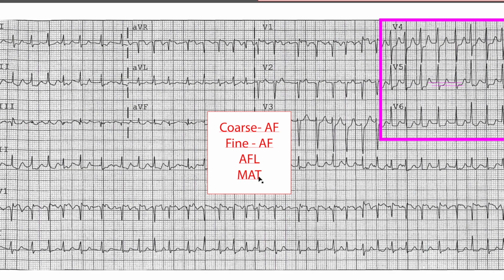Now, multifocal atrial tachycardia, even though V1 seems to support that, just the morphology of it, I am not inclined to call this multifocal atrial tachycardia for one and only one reason, which is not a great thing to do, but multifocal atrial tachycardia tends to be a little bit slower. This is 186, let's say 190. Multifocal atrial tachycardia typically is 100 to 150, but it can go as high as 250. It's possible, but if this was going at 250, you wouldn't be able to see the baseline anyway.